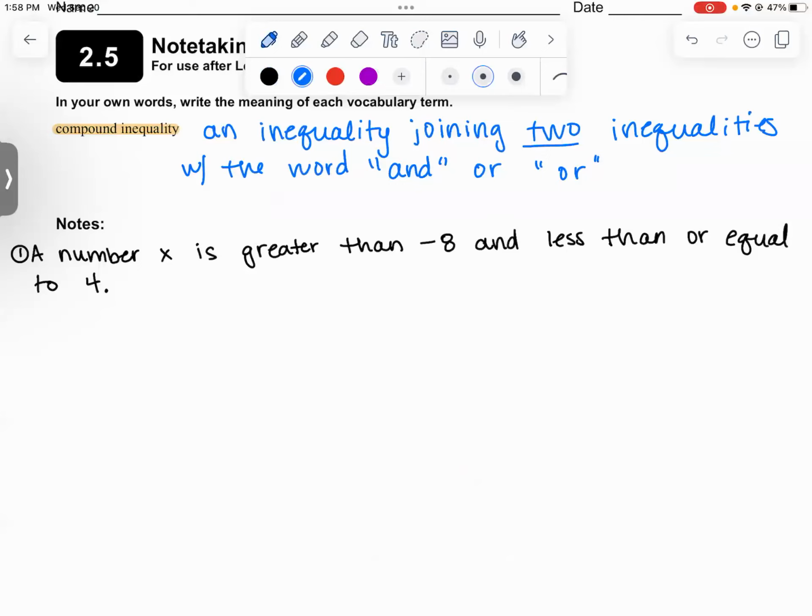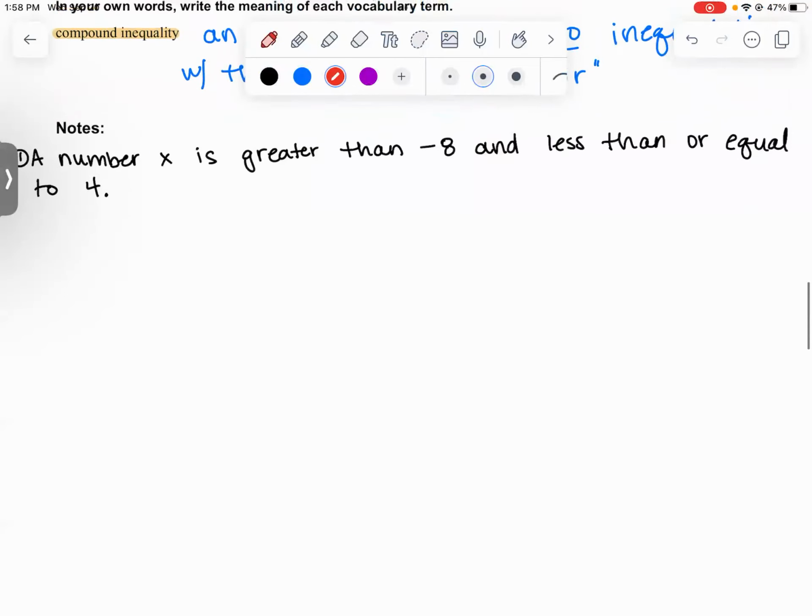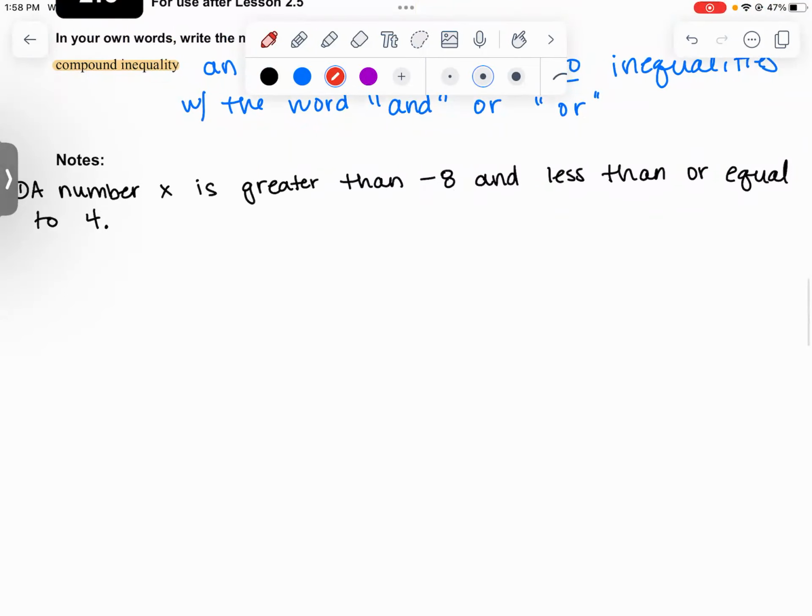you are done writing this down. So here we go. X, then stop talking. Okay. X is greater than -8 means this. And less than or equal to 4.